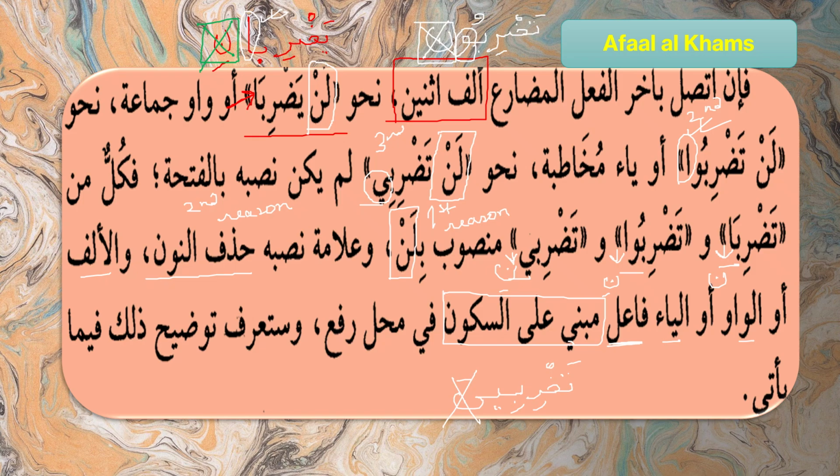Because the alif, the waw and the ya are representing the doer, the fa'il, and the fa'il is always in the raf case. So now you know that all these damirs are always marfu, they don't get deleted; only the extra noon, which is part of the afalul khamsa, gets deleted as soon as they receive a tool of nasb before it.